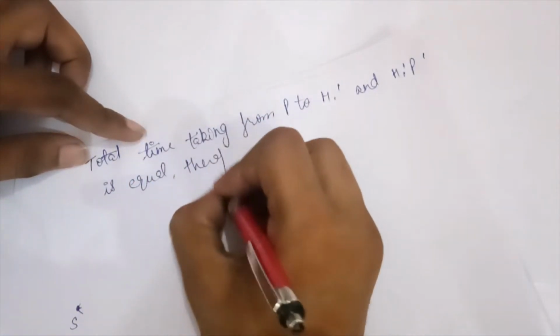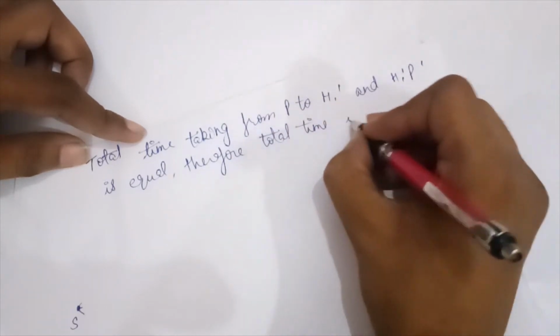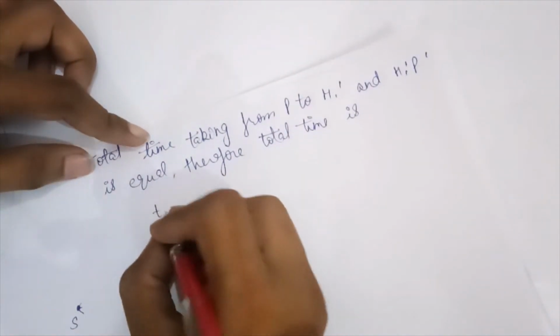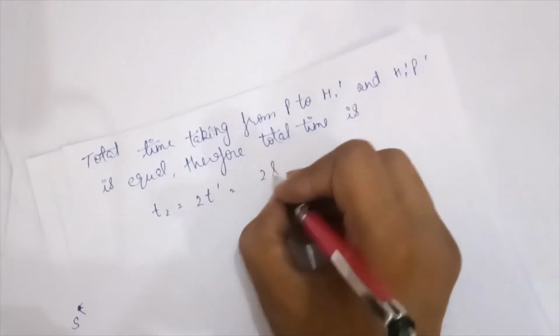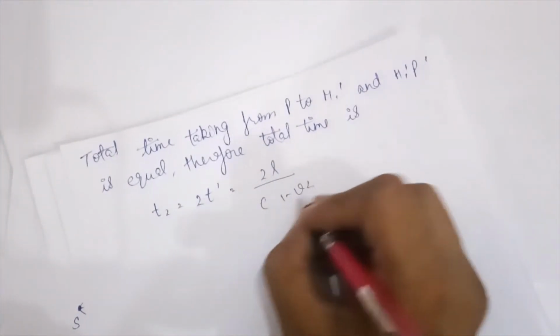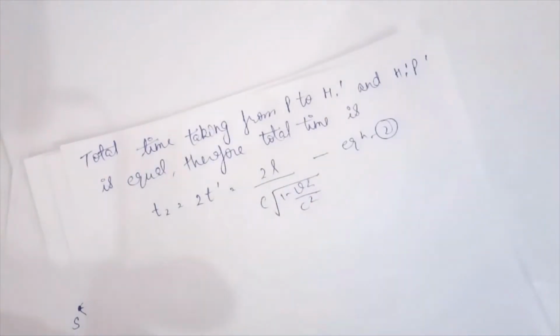Therefore, total time T2 equals 2T dash equals 2L upon c under root of (1 minus v square upon c square). This is equation number 2.